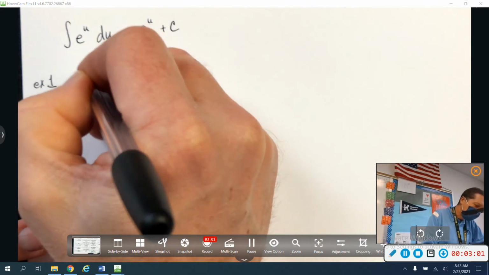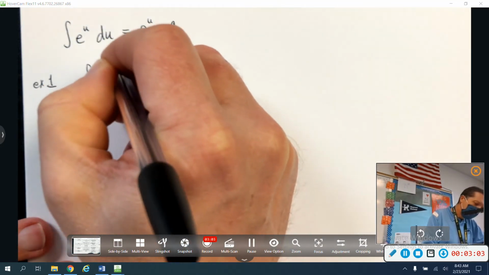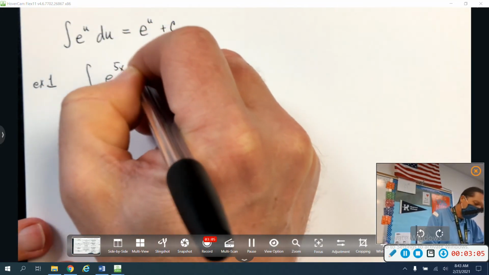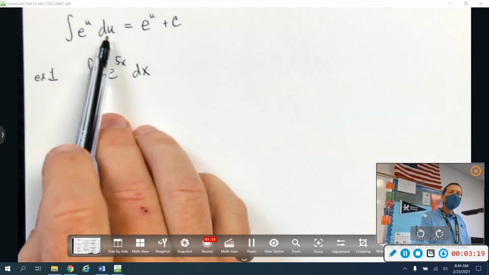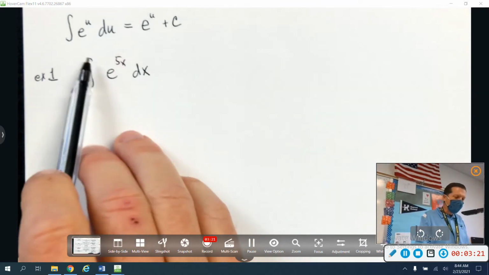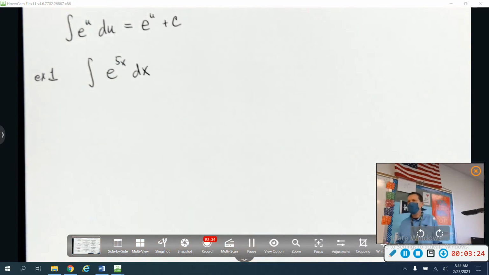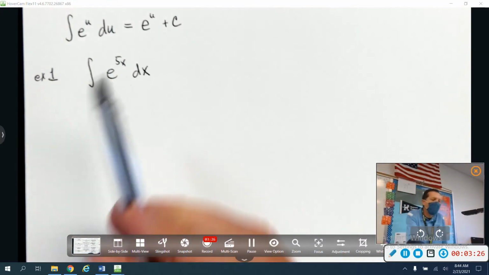All right, let's do some examples. e to the 5x dx. This is one of those that after we do a bunch of these, you might be able to do without showing the u substitution, but I'm going to show it to start with because I want it to look like e to the u du. So in some ways, picking the u for these is easy because u almost has to be the exponent.